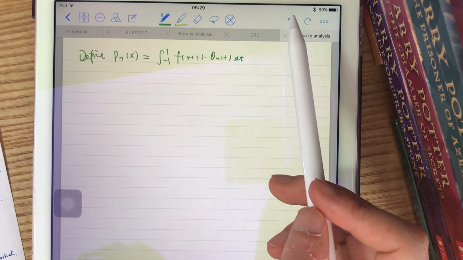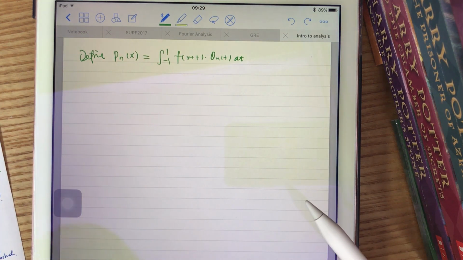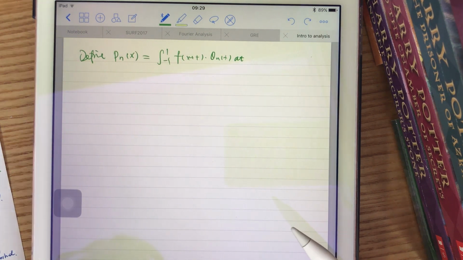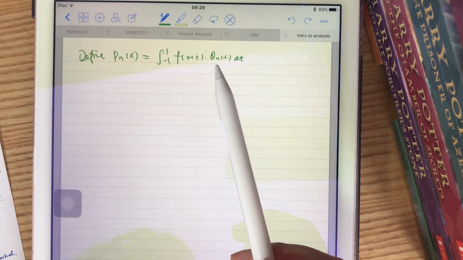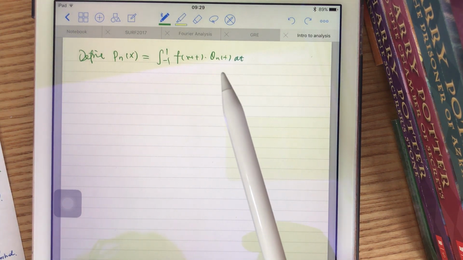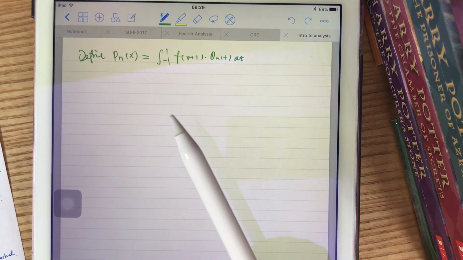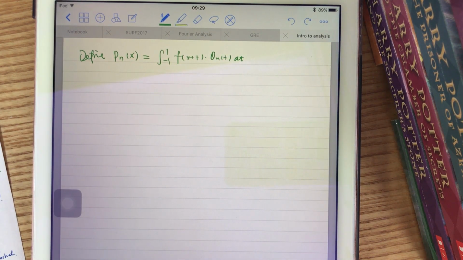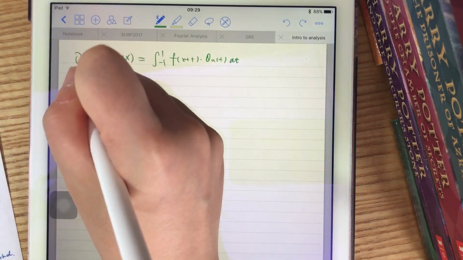So this is how you define the sequence of polynomials. Well, I'm saying that it's a polynomial, but in fact we have to prove that it's a polynomial, because from the way you construct it, you can't tell it's a polynomial, right? So we need a little more work to prove it, but it's very, very simple.